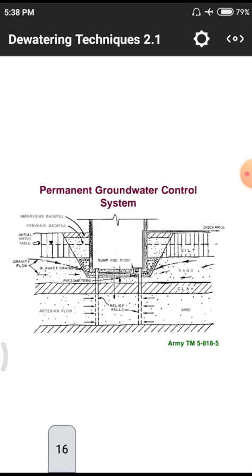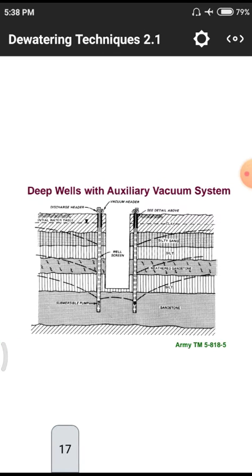This is the permanent groundwater control system. That means the groundwater flow is controlled by a permanent method, by constructing sumps and pumps, removing the total water, and constructing a perennial structure around the required boundaries.